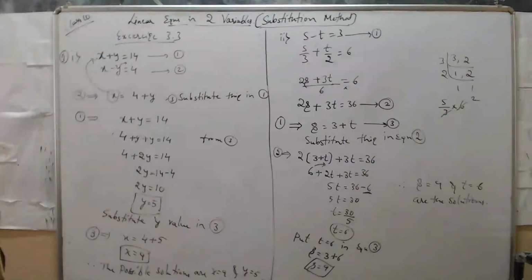3x minus y is equal to 3 and 9x minus 3y is equal to 9.